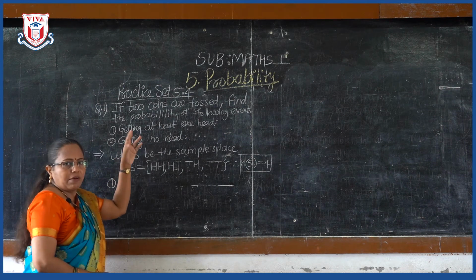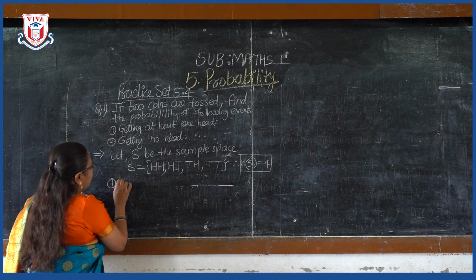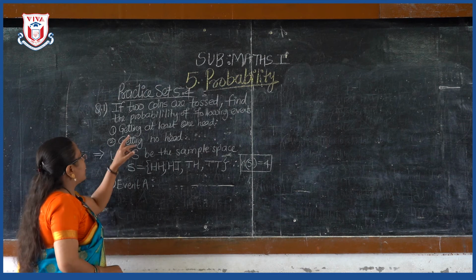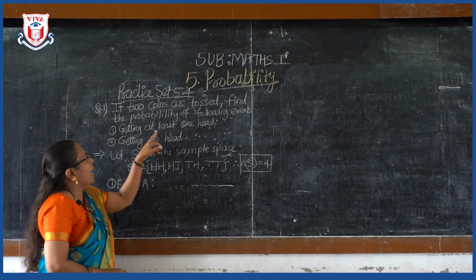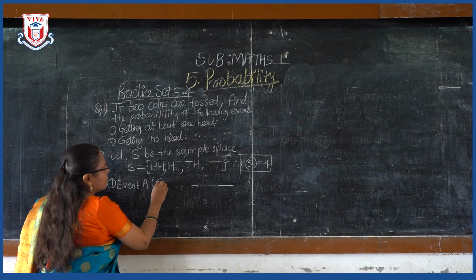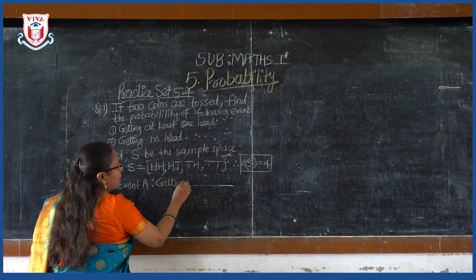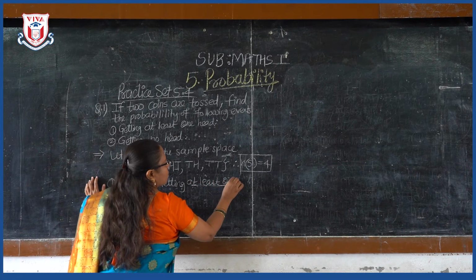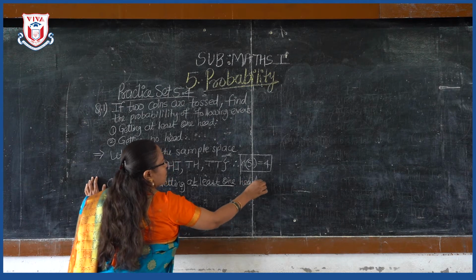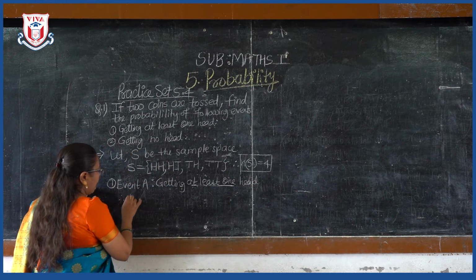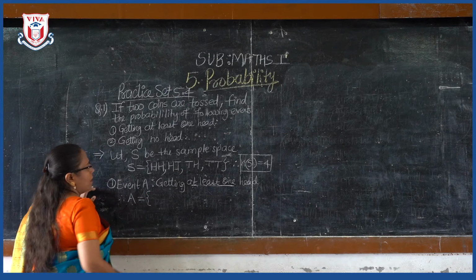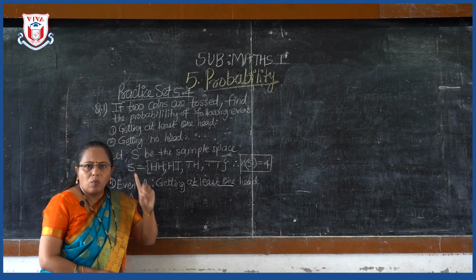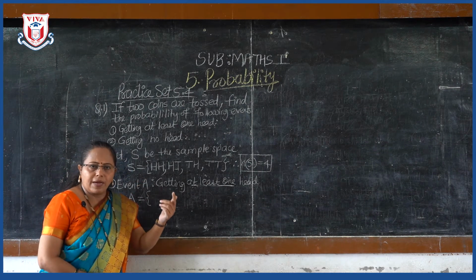Now we take the first event. The name for the event is not given, so we can consider any name. Let it be event A. The condition for event A is getting at least one head. At least one head means one or more than one head.